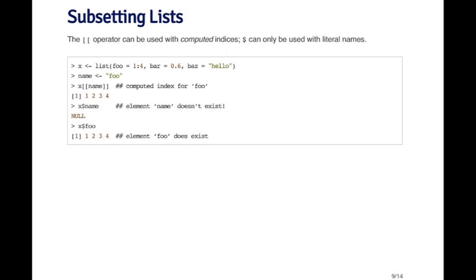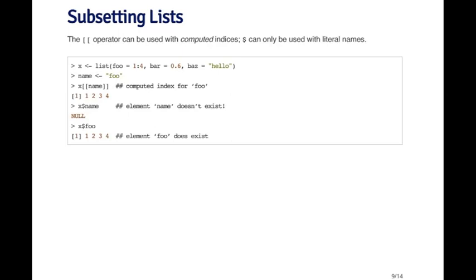So for example, here I've got a list with 3 elements, foo, bar, and baz, and then I create a variable called name, which is actually the string foo. So if I use the double bracket operator on this variable here, notice that there's no element in the list that has the name "name" in it, but there is an element of the list that has the name foo in it.